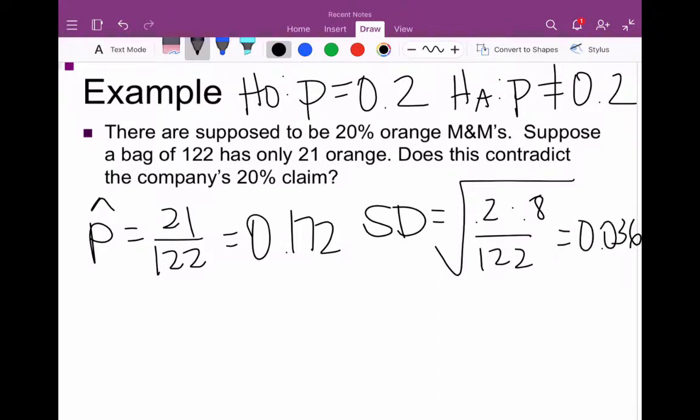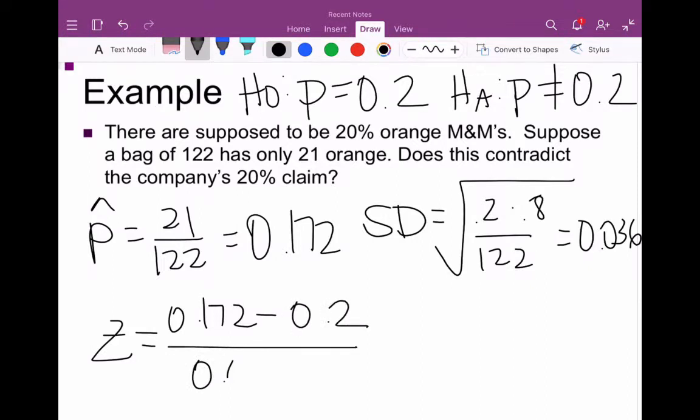So from here I calculate my z-score. I would have my sample proportion minus my null hypothesis divided by my standard deviation, which is equal to a negative 0.7696. From here I have to calculate my p-value.